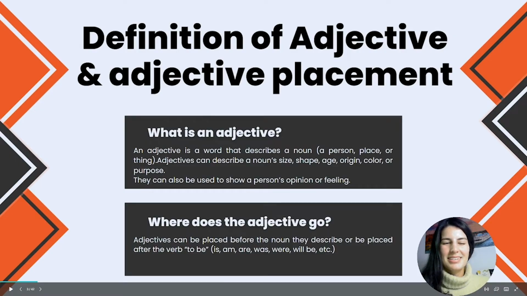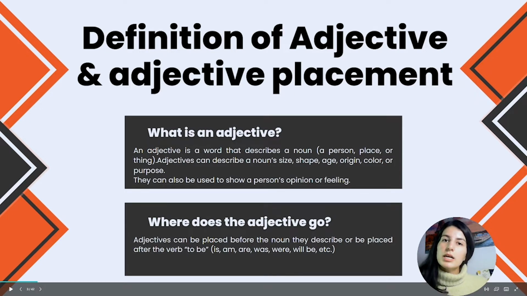So guys, in this second lesson of our course, let's talk about the definition of adjective and adjective placement. So let's talk about what is an adjective and where do we put it, right? To start, guys, an adjective is a word that describes a noun.